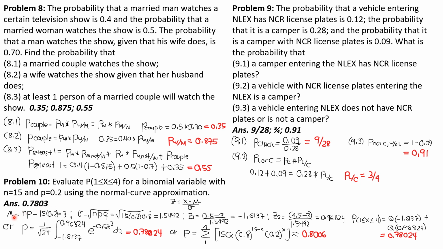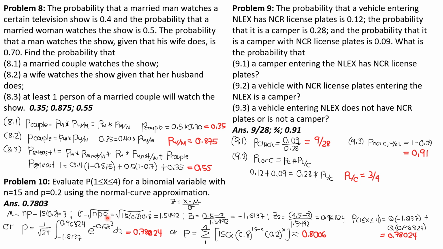Now the mean value is equal to the number of cases or population, 15, times the probability, which is 0.2. So 15 times 0.2 is 3. Then the standard deviation is approximated by the formula square root of npq, where q is the probability of failure.